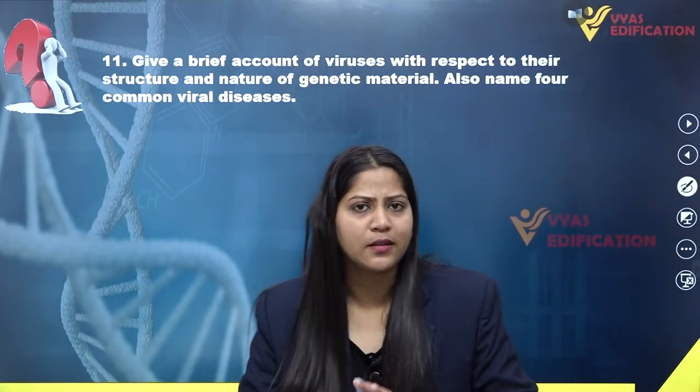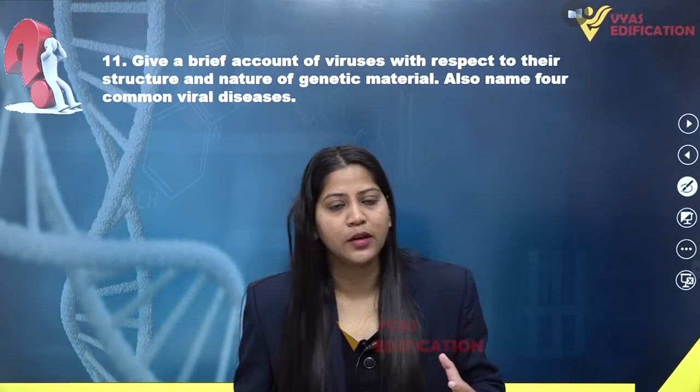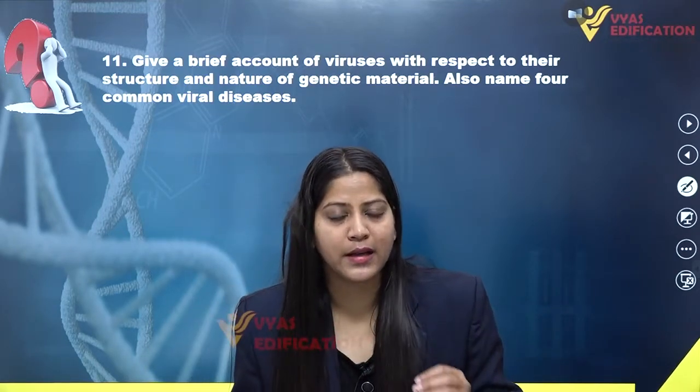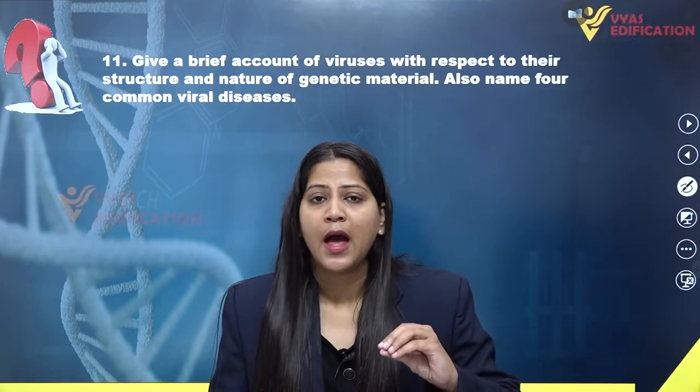So what is the description of the structure of viruses? Basically these are organisms which are very complex in nature and very simple in structure. They are submicroscopic infectious agents, and these infectious agents can cause infections in all organisms, including plants, bacteria, human beings, and animals.